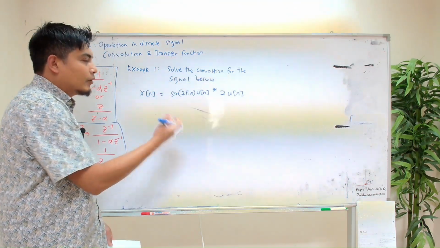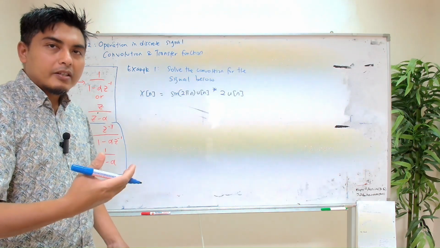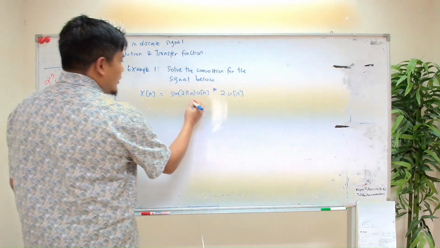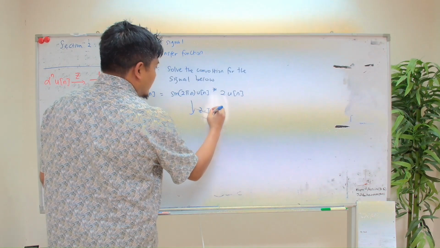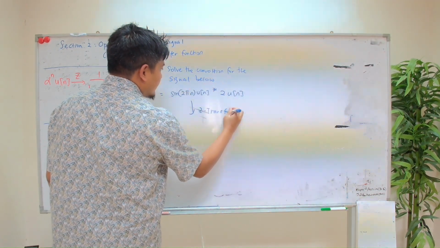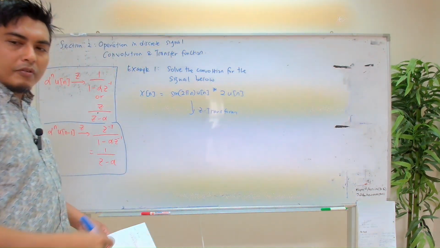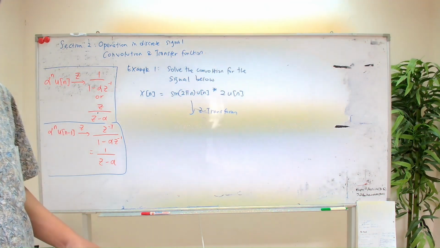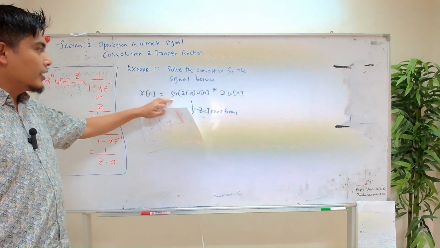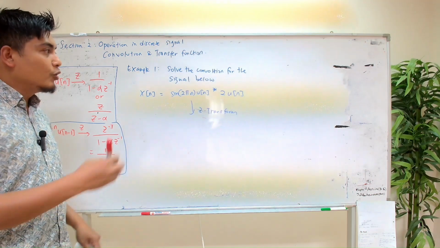So in order to make your life easier, we need to do the Z transform. If you still remember, in section 1, I gave you this: sin(ω1 n) u[n].